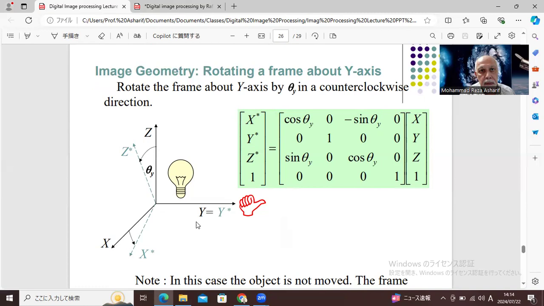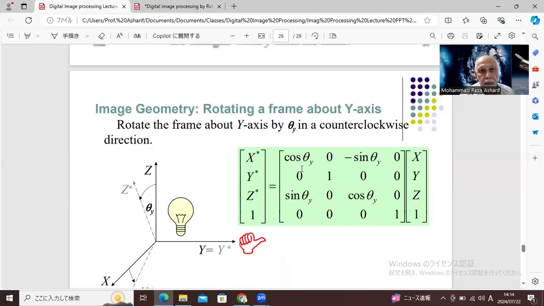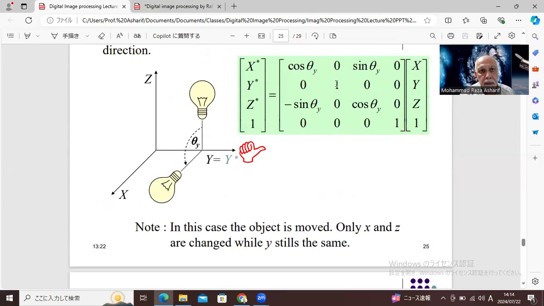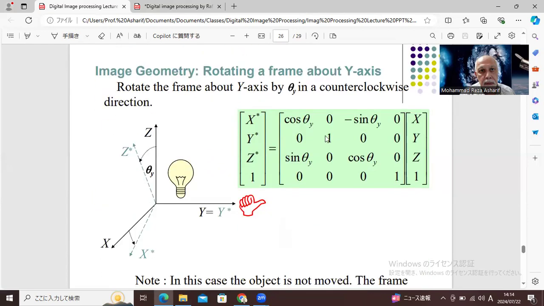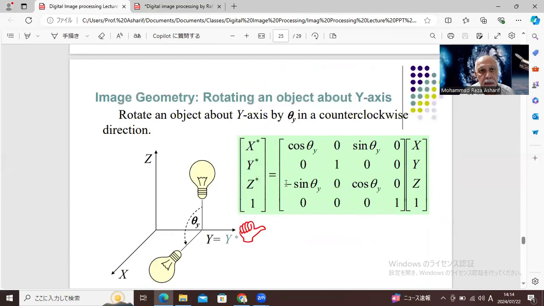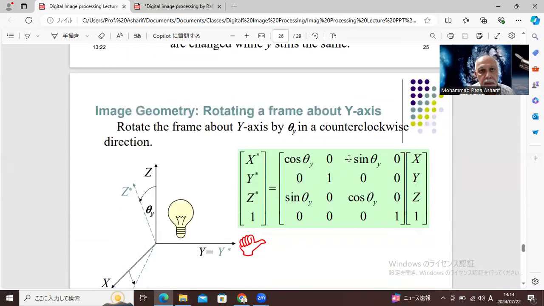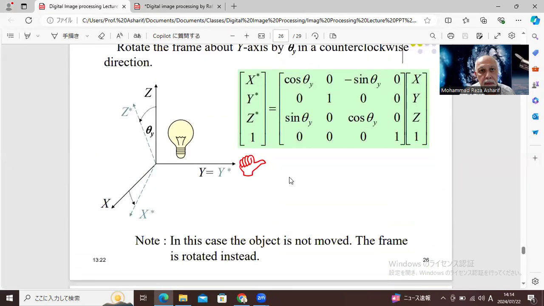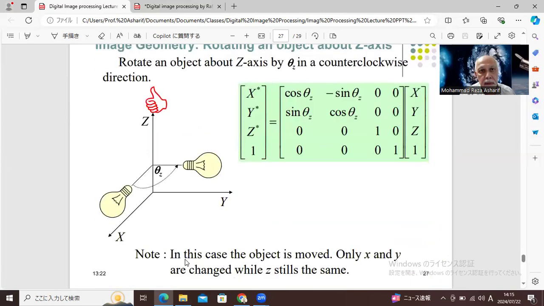Y star doesn't change, it's the same as before, but only the sign becomes minus here. Here is minus, but here minus is here. So it's kind of the inverse matrix. In this case, the object is not moved, the frame is rotated. This is also another case.